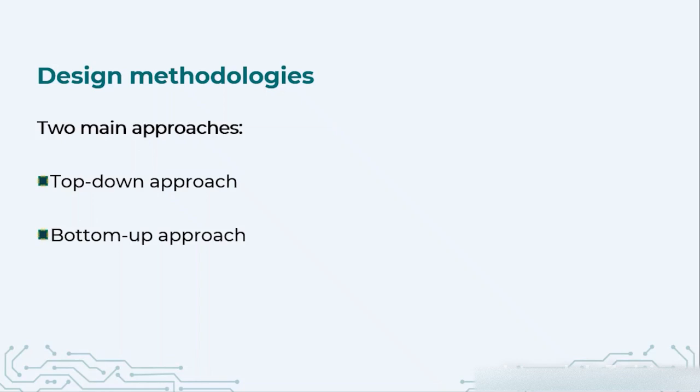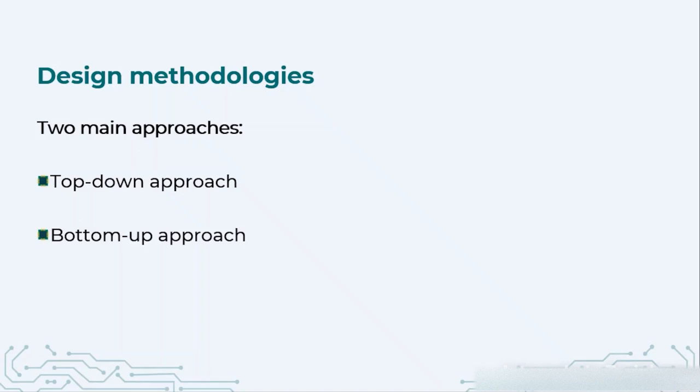Then we pick each sub-module and try to divide it further into the simplest possible circuits. In the bottom-up approach, we do exactly the opposite thing. We select the bottommost, the simplest logic cells, start connecting them and come to the top and implement the whole system.